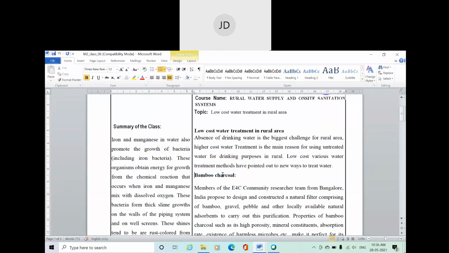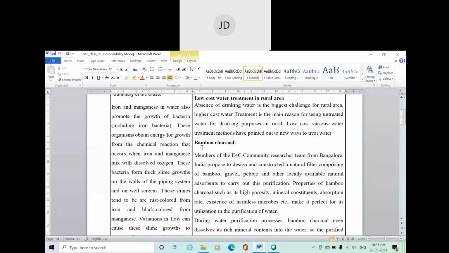In rural areas, especially in our northeast region, bamboos are available everywhere. So you can use burnt bamboo, or the waste of the bamboo, which is called bamboo charcoal, as a purifying component for water.